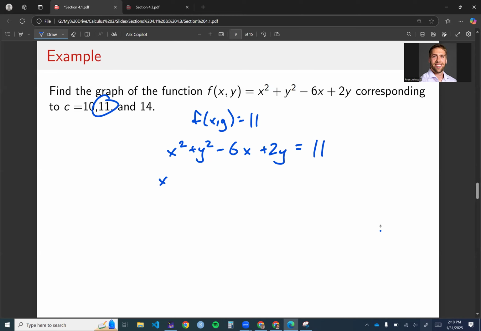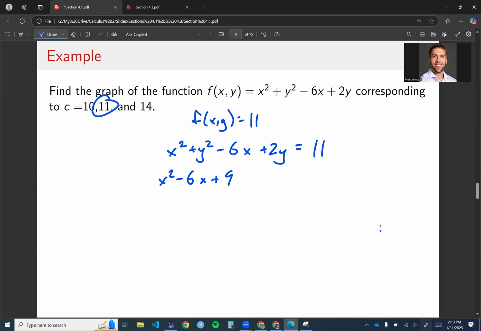So I take my x squared minus my 6x, and then completing the square for this guy. What number do I wish I had? 9, because you take the negative 6 divided by 2 to get negative 3, then square it. So plus 9.